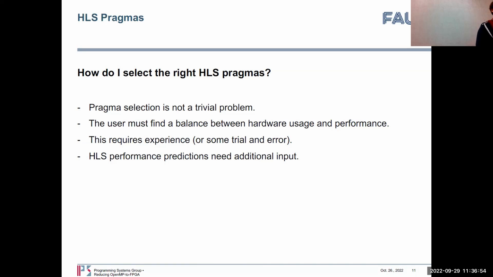You have to pose assumptions and write them down in a really special notation. So an OpenMP developer would really have to rely on trial and error and just try out a few different things until they would get a good performing heterogeneous system.